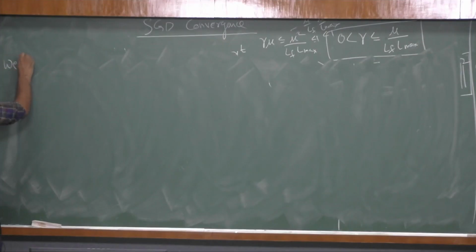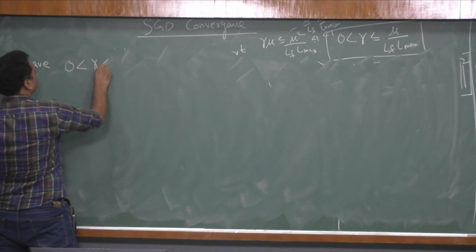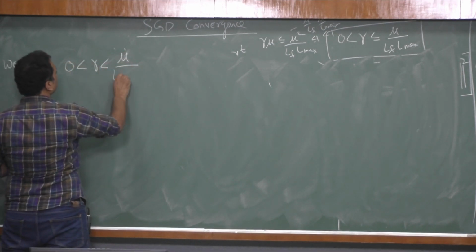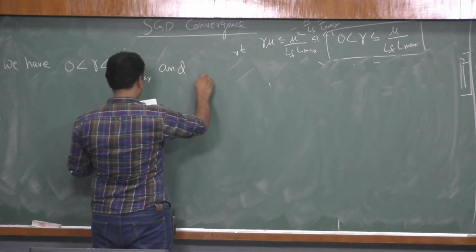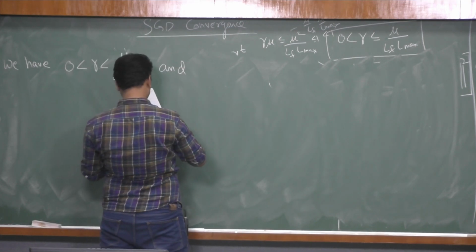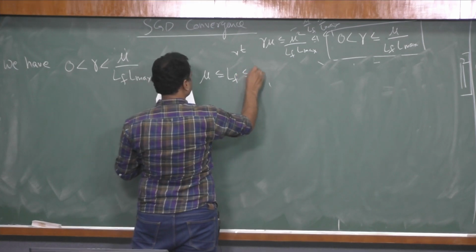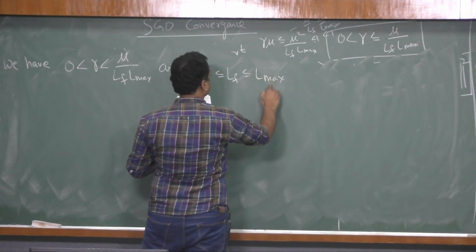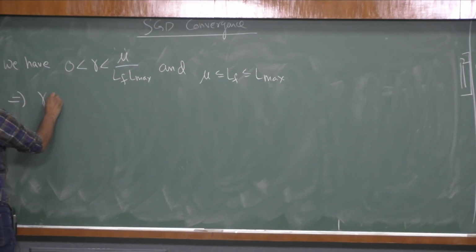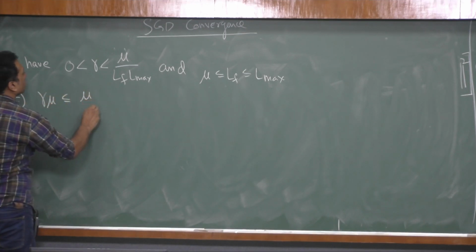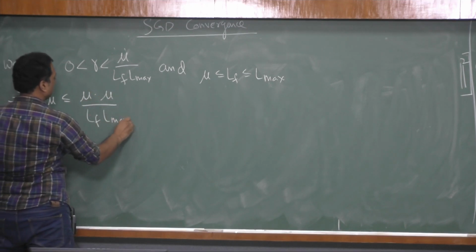So we have, from the step length, that gamma is less than mu by LF L max, and the fact that mu is less than or equal to LF is less than or equal to L max. So this implies gamma mu is less than or equal to mu times mu by LF L max.